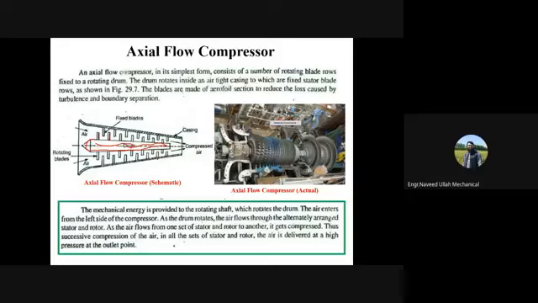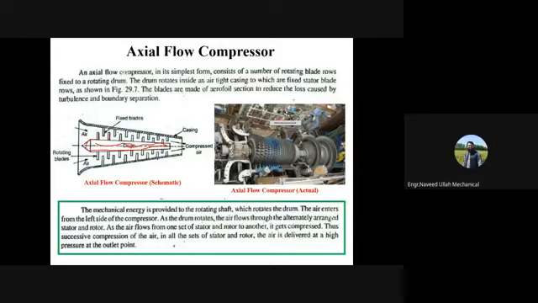The blades are made of aerofoil cross section to reduce the loss caused by turbulence and boundary separation. Obviously, these are to avoid losses. They are made of a very smooth aerofoil cross section in order to avoid friction, right? So this is the rotor, blades mounted on this drum.